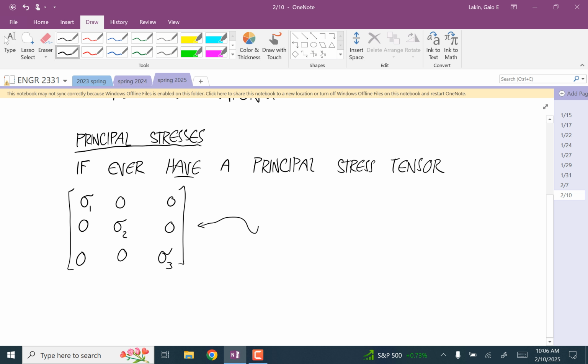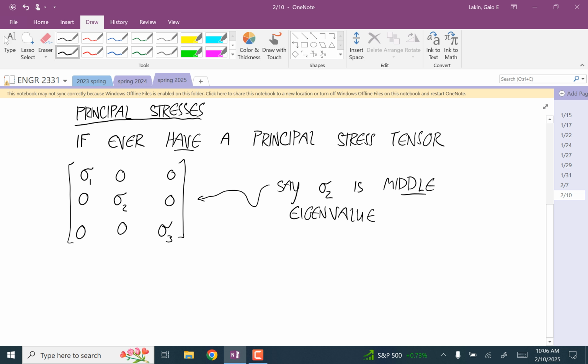And let's say sigma 2 is the middle eigenvalue. Then the maximum shear stress is, well, let's call this sigma 1 the maximum, sigma 3 the minimum.